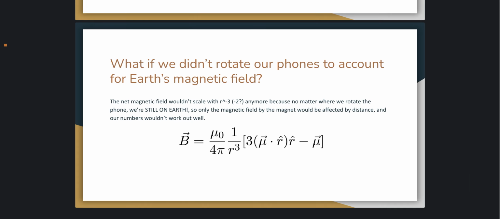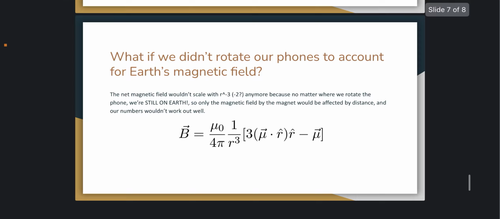So the Earth's magnetic field should be the same in terms of which direction it's pointing, maybe not with respect to the phone, but it should still contribute the same amount, which means we have a large variable that doesn't change with respect to distance cubed, so we would not get a nice trend line, but rather something more confusing.